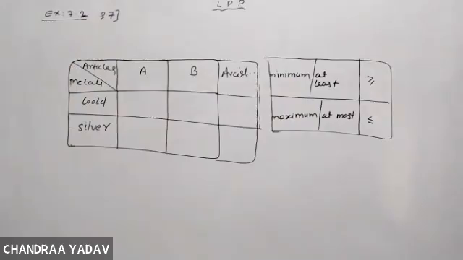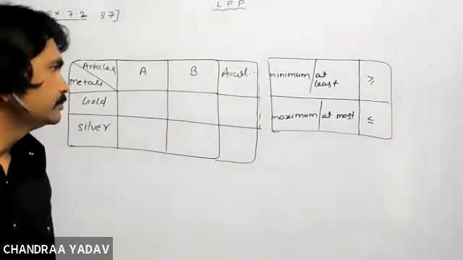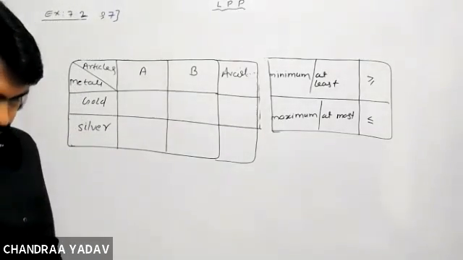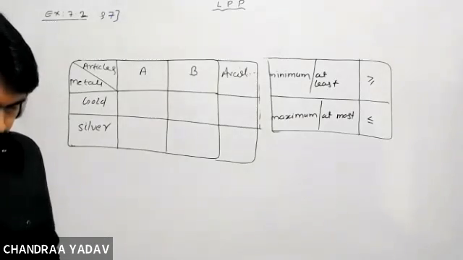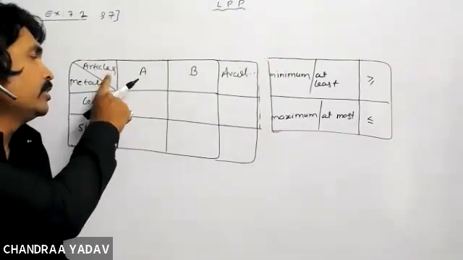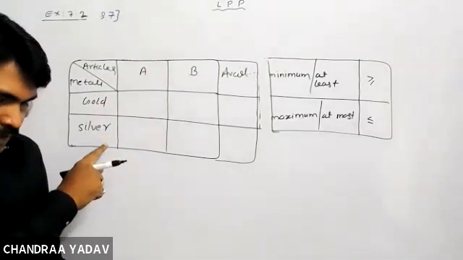Okay. Now, can you read out the question again? A company produces two types of article A and B, which require silver and gold.